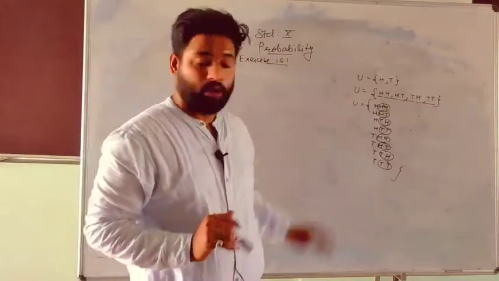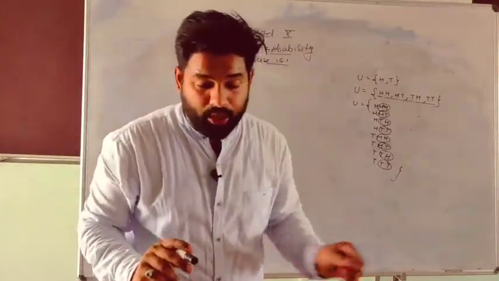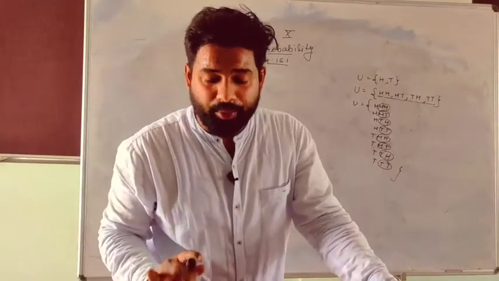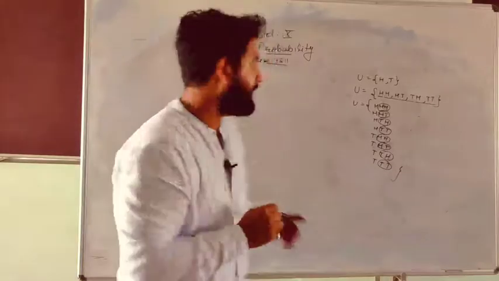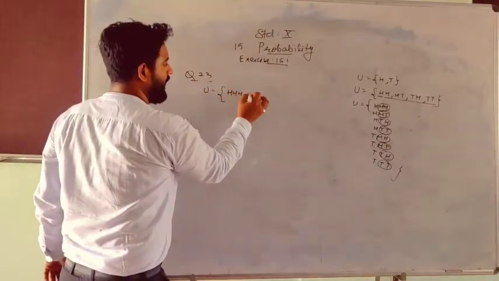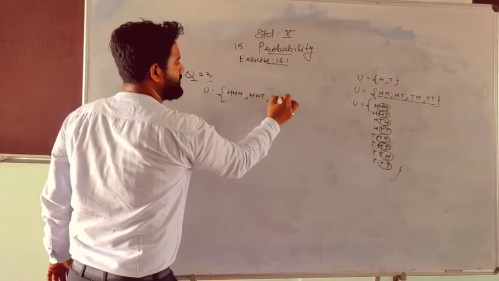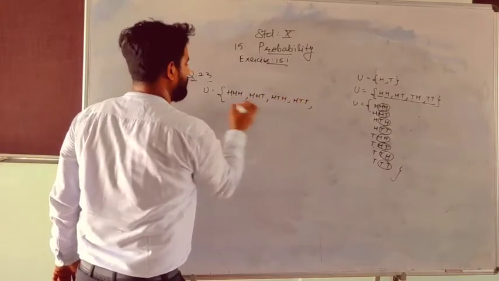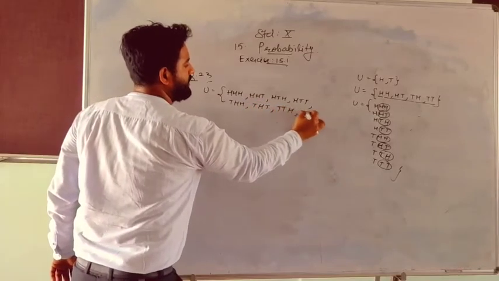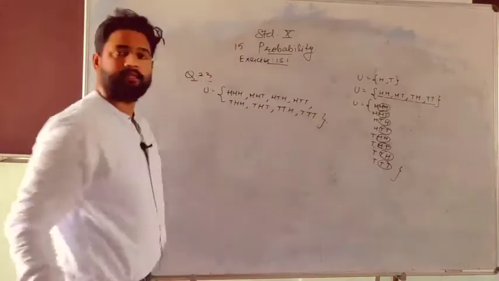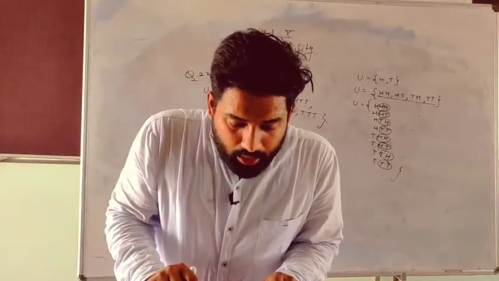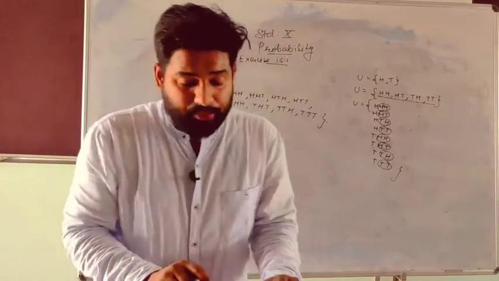So in this question, question number 23, a game consists of tossing a 1 rupee coin 3 times. Immediately you have to write the sample space. So your sample space is HHH, HHT, HTH, HTT, THH, THT, TTH, and triple T. That is the sample space. Now what is the next part of the question?